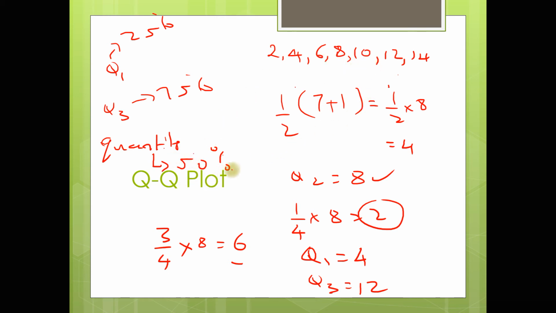So the 50% quantile means the same thing as what we did for the median. So the 50% quantile is 0.5 times (7 plus 1), which is 8, so it is equal to 4. So we need to look for the fourth value and we get the 50% quantile.